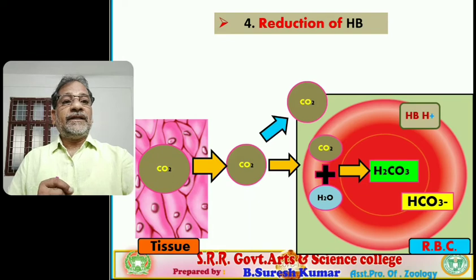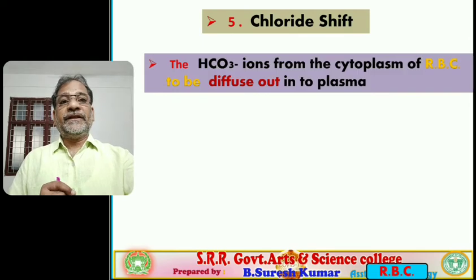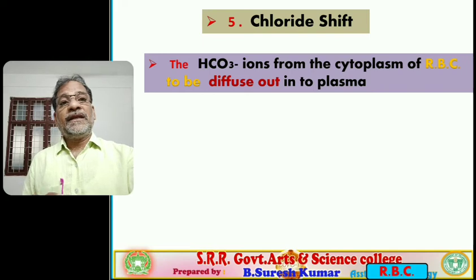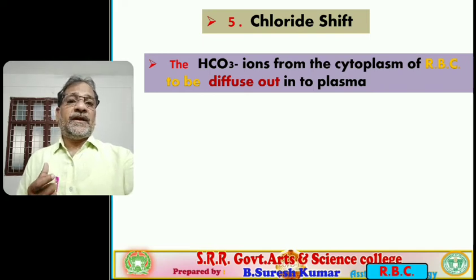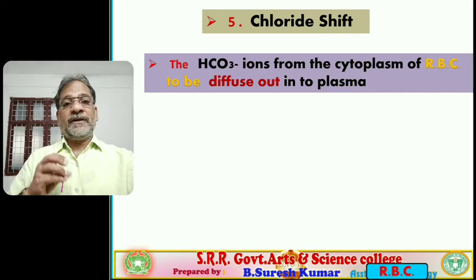Next, the last event, chloride shift. It is very important, asked as a short answer question. What is chloride shift? Whatever bicarbonate ions are produced, such bicarbonate ions from the cytoplasm of RBC, the stroma of RBC, diffuse out.